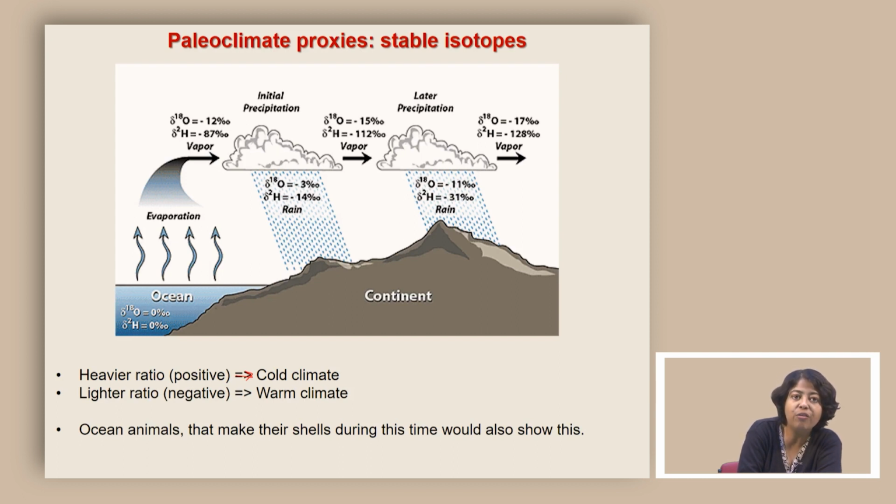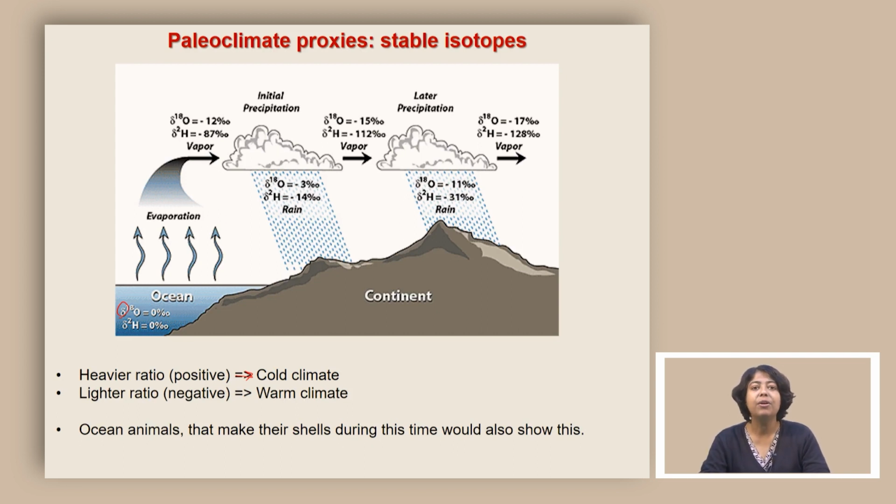Now, there is a way of writing it including this delta notation, but for now we are simply going to use this general idea that heavier ratio means it is a colder climate and lighter ratio means it is a warmer climate. Now, the question is how do we find those water which existed, let us say, a few million years ago?